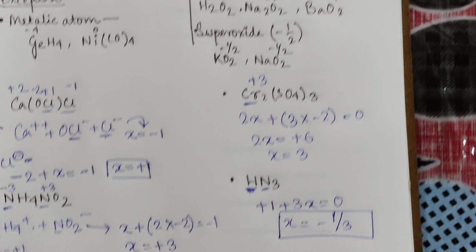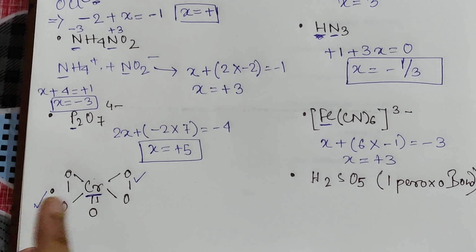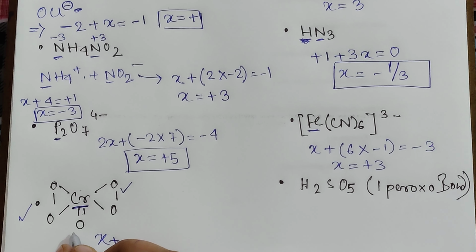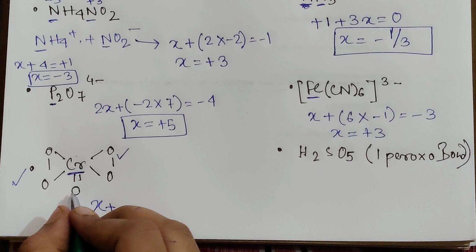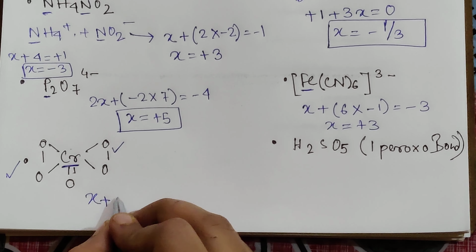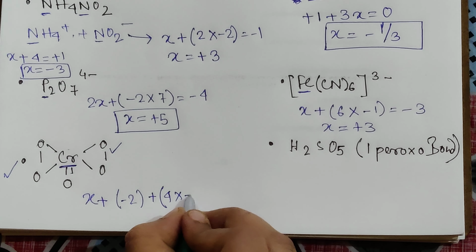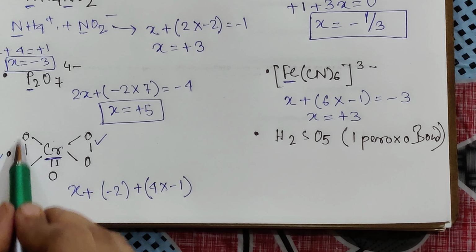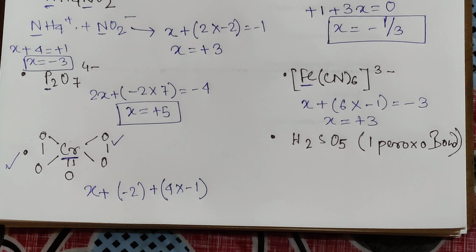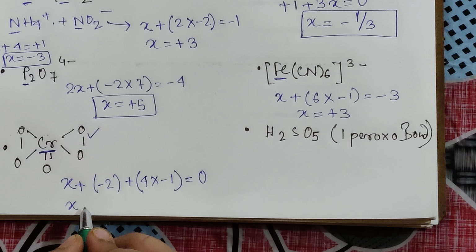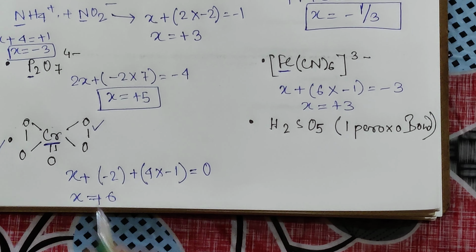Here we have to find the oxidation number of this chromium, so we take it as x. There is one oxygen which is not involved in a peroxo bond, so for that it is -2 straightforward, plus 4 into -1, because the 4 oxygen atoms are involved in 2 peroxo bonds, and the sum is 0. So here x equals +6.